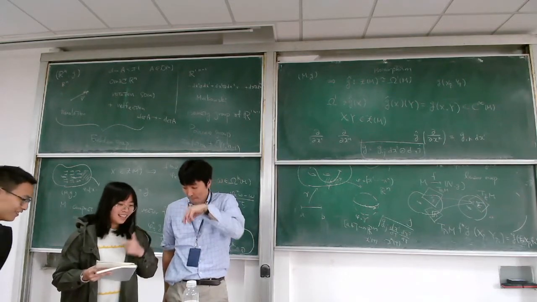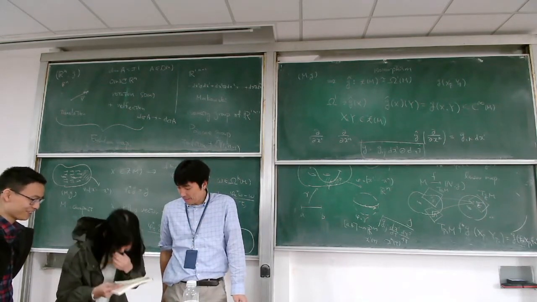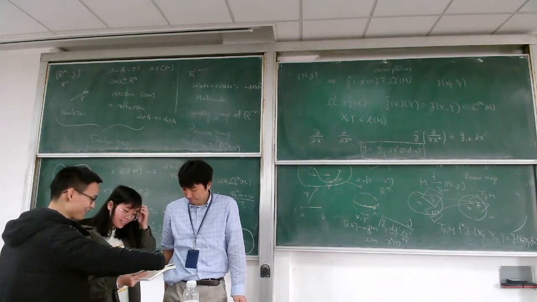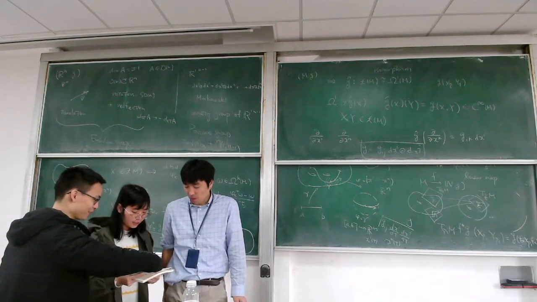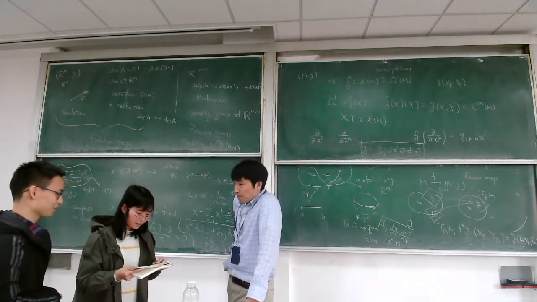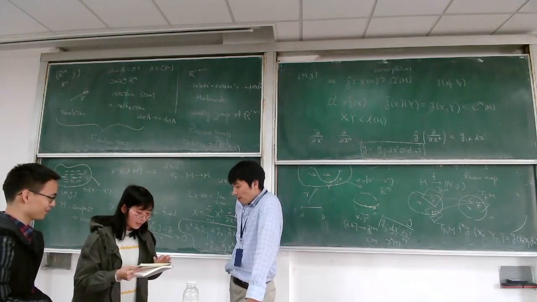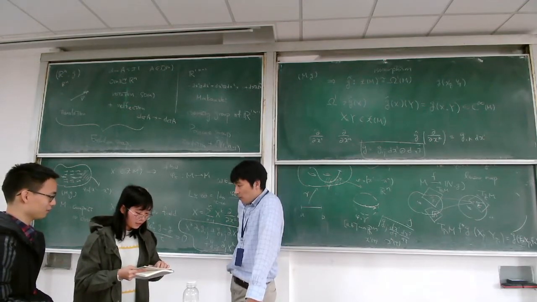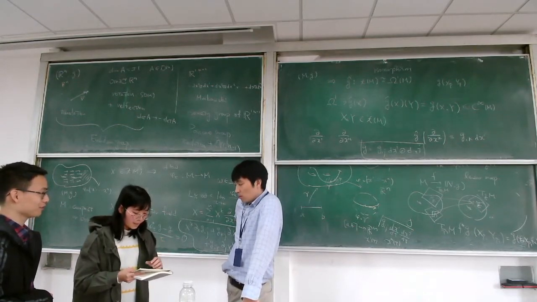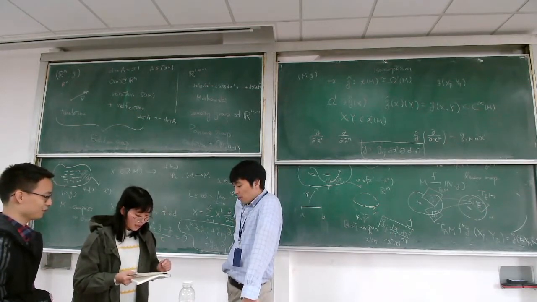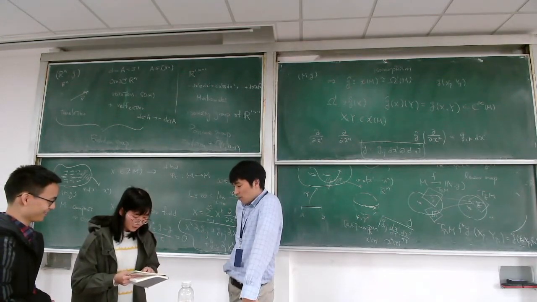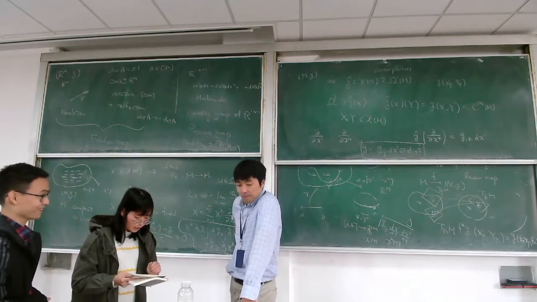We can construct this shape by identifying on the plane, but if we apply the Gauss-Bonnet theorem, the curvature of the 4G polygon is 0, but the Euler characteristic is 2 minus 2G.